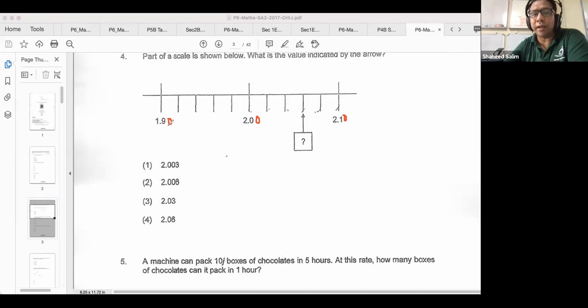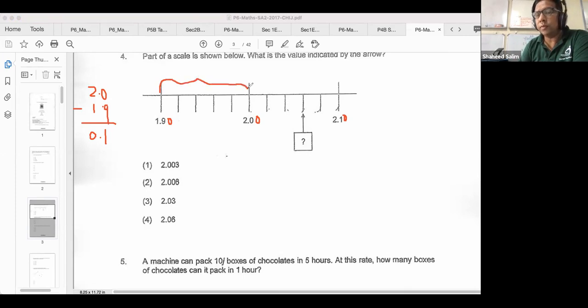Imagine there's no dot. 190, 200. So now I take 200 minus 190, or 2.0 minus 1.9, right? I get 0.1. Now what is 0.1? 0.1 is from here to here. Between the two, 0.1. How many parts are there down here?